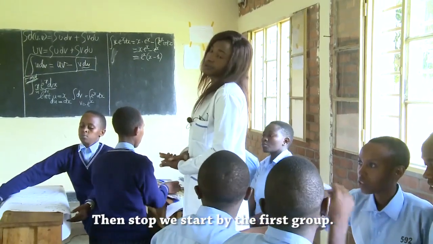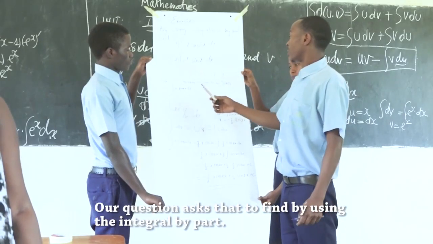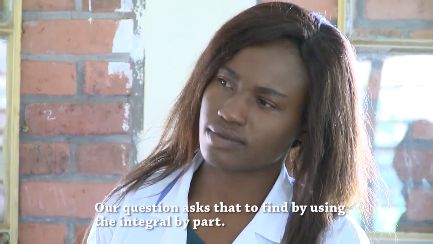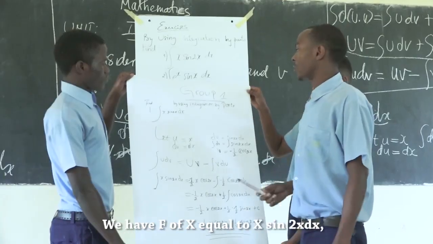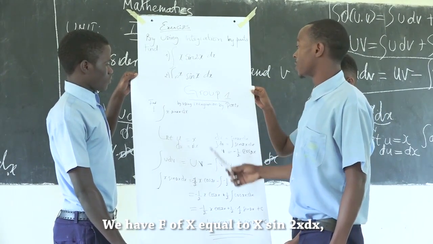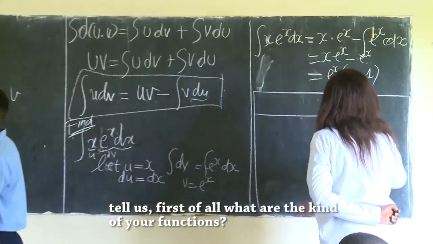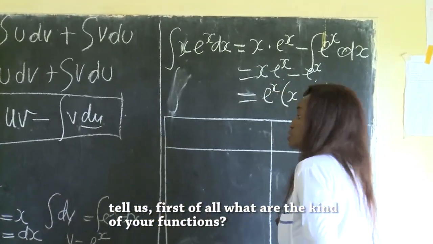Then we start with the first group. Our question asks to find, by using integration by parts, the integral of x sin 2x dx. Tell us first of all what are the kinds of your functions.